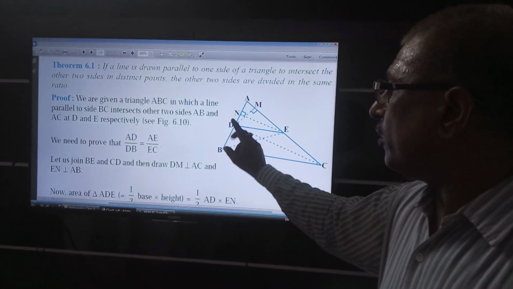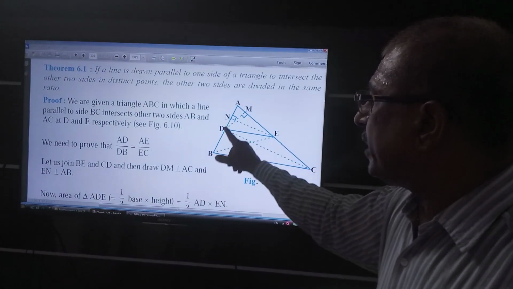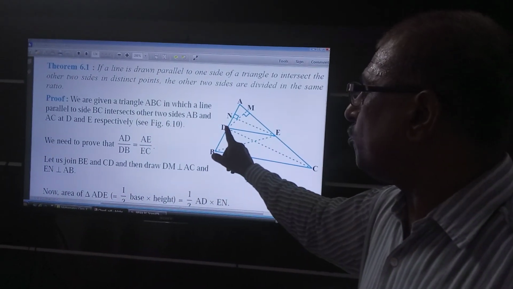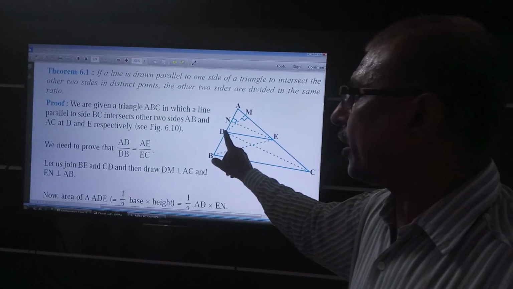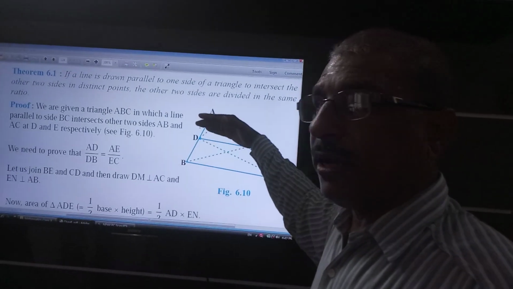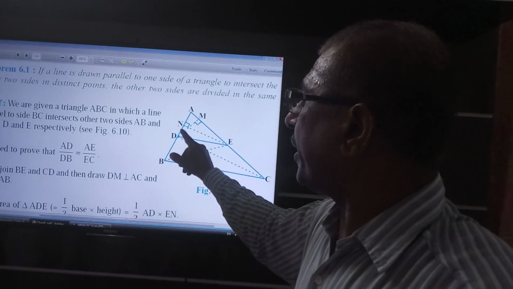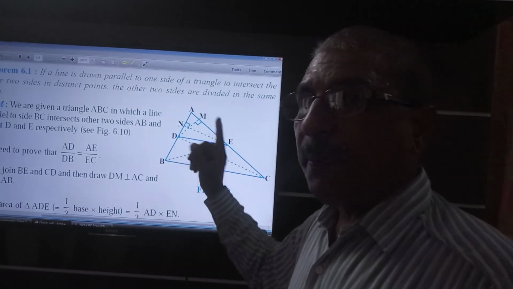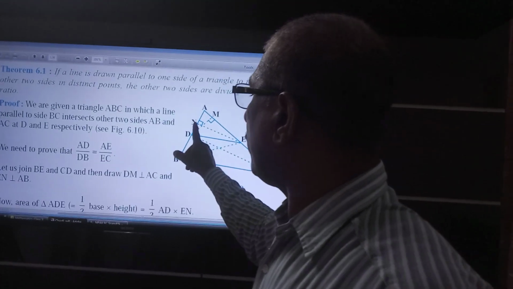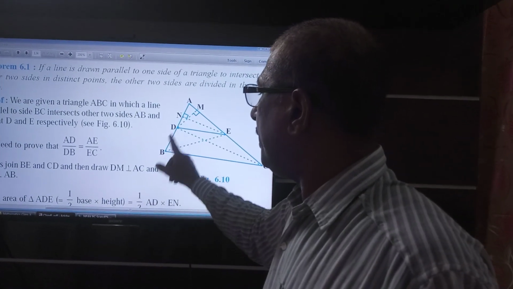This will be perpendicular to both the triangles ADE and DBE. This is an acute angle triangle and this is the obtuse angle triangle DBE. This is an obtuse triangle. So this perpendicular will lie outside the triangle, and this acute triangle, its perpendicular lies inside the triangle. Okay, children? But remember one thing, NE is the perpendicular for both the triangles ADE and DBE.